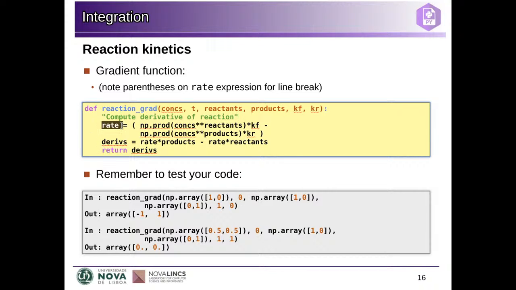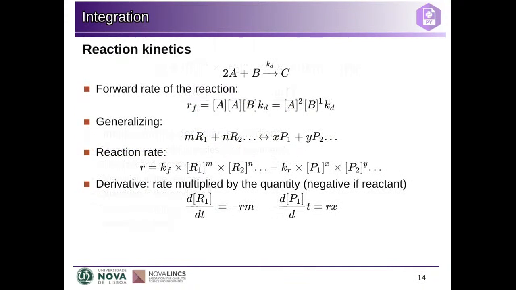So the reaction rate will be the product of all the concentrations raised to the power of the reactants. Note that these are numpy arrays, so we are doing this expression in one go. You see, we are going to raise the first one to its stoichiometric coefficient, the second one to its stoichiometric coefficient, and so on.